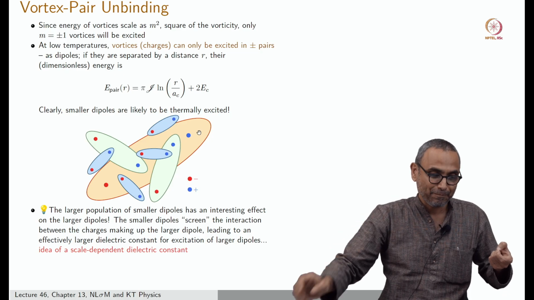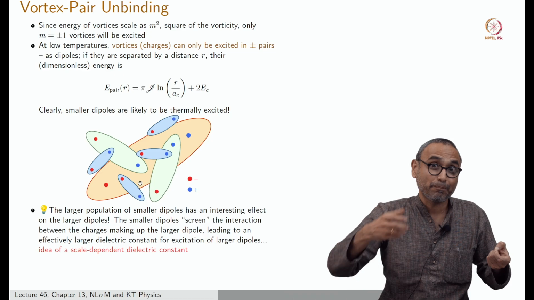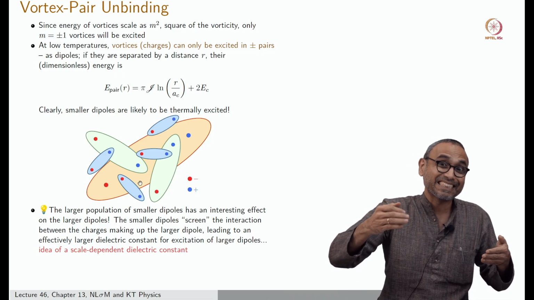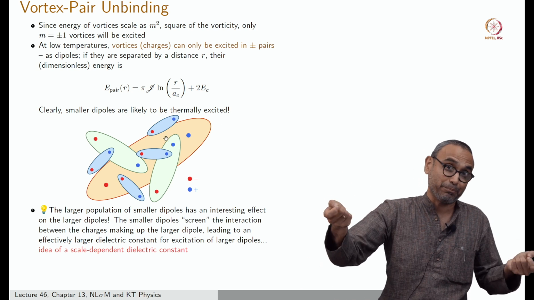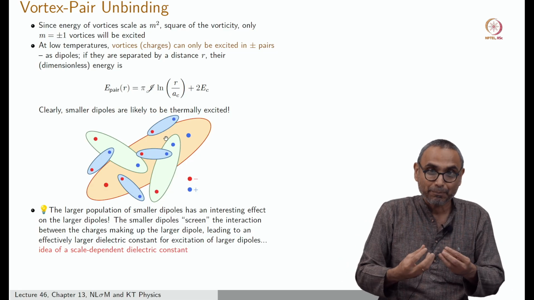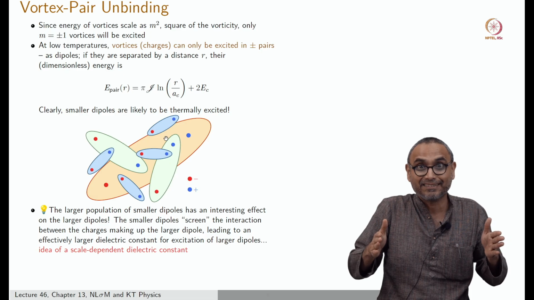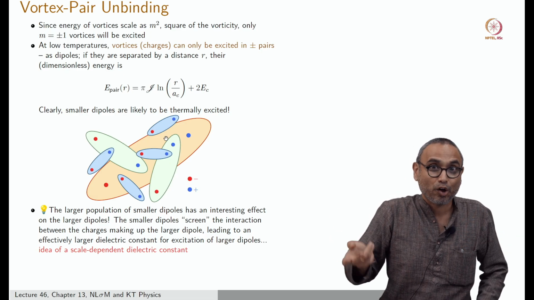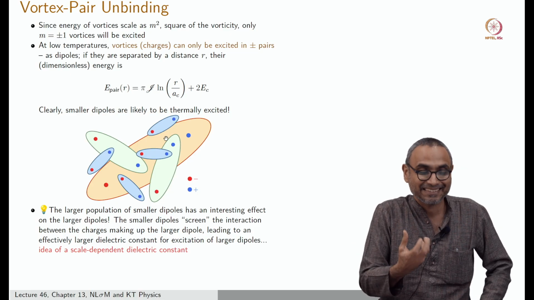So what will happen is that the existing small dipoles will screen the interactions between charges associated with the bigger dipole. So having a population of small dipoles means that the dielectric constant on a larger scale changes, contributing from the induced dipoles at smaller scales.